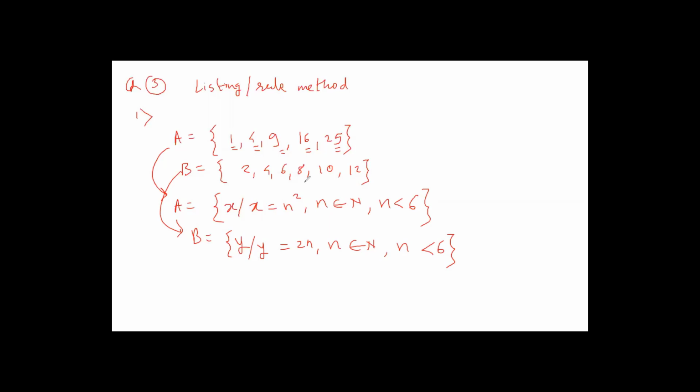These are the twice of 1, twice of 2, twice of 3, twice of 4, twice of 5, twice of 6. So all these numbers are twice of n, where n belongs to N, meaning natural number, and n is not more than 6.